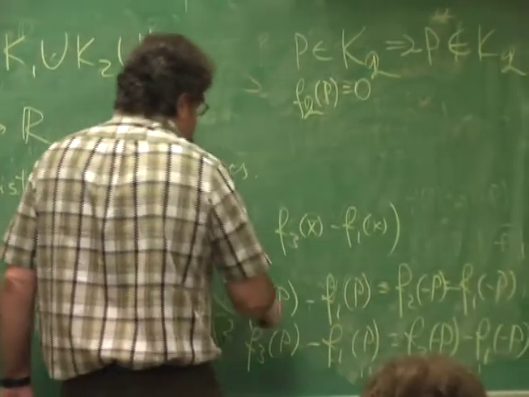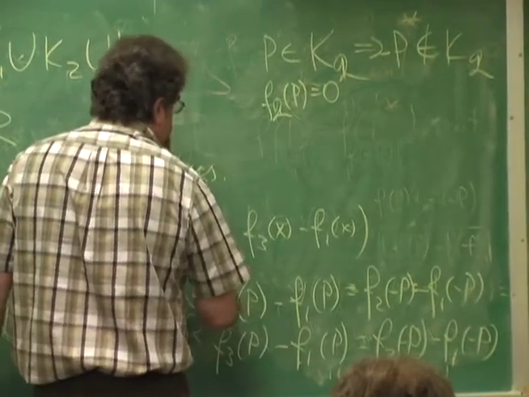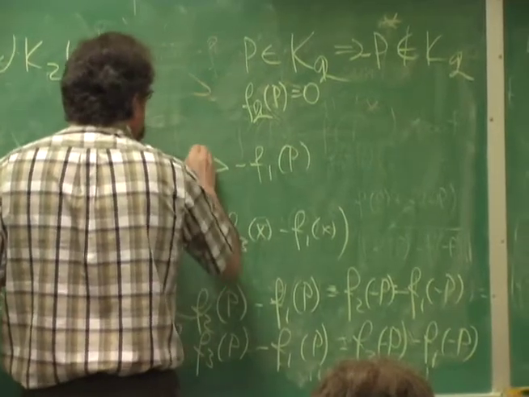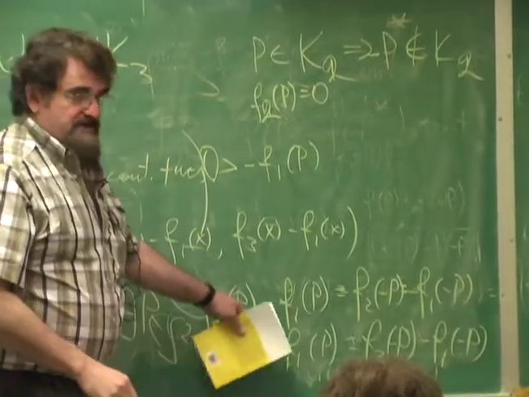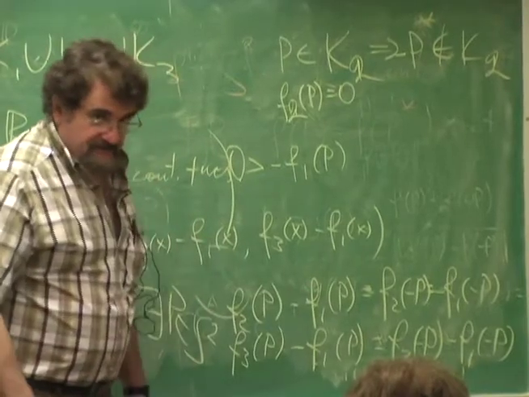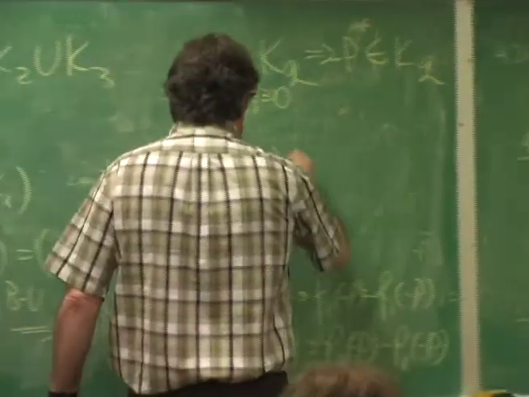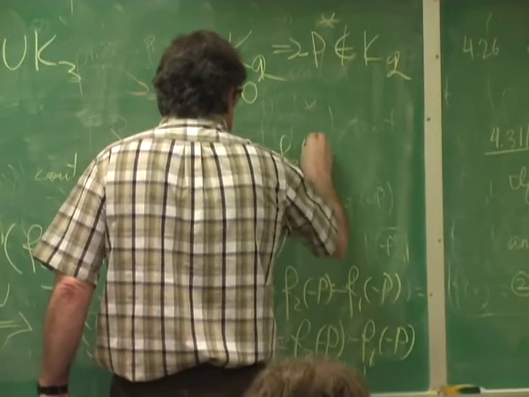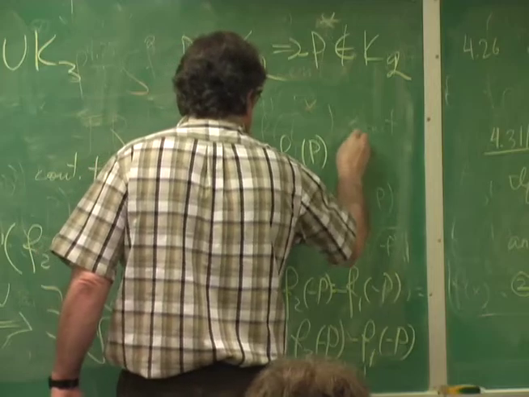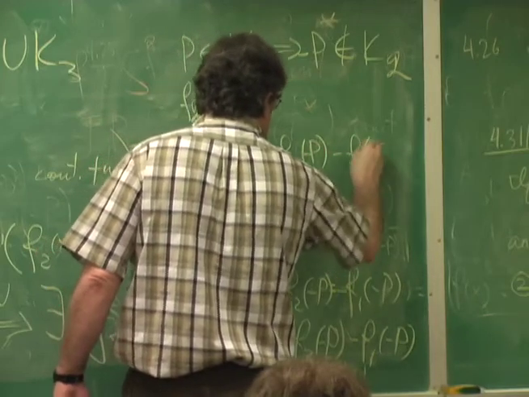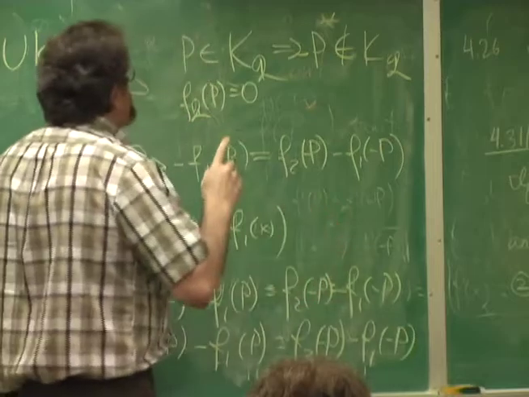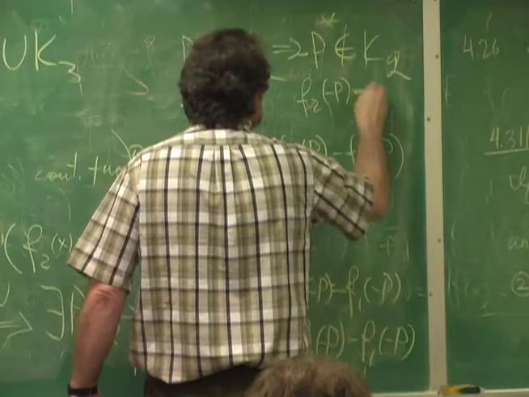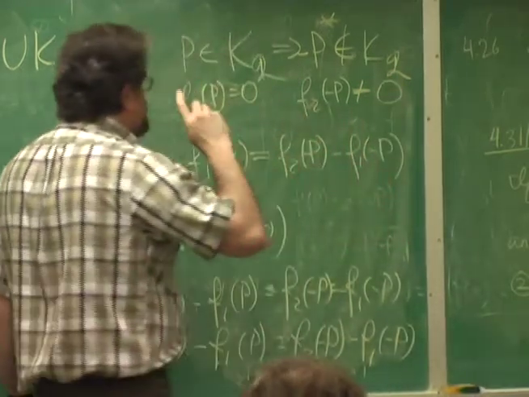Now see, what does it mean? f2 of P is 0, so this is 0 minus f1 of P. It is obviously negative, this is distance. Correct? Equals f2 of minus P minus f1 of minus P. And f2 of minus P is not 0, strictly positive.